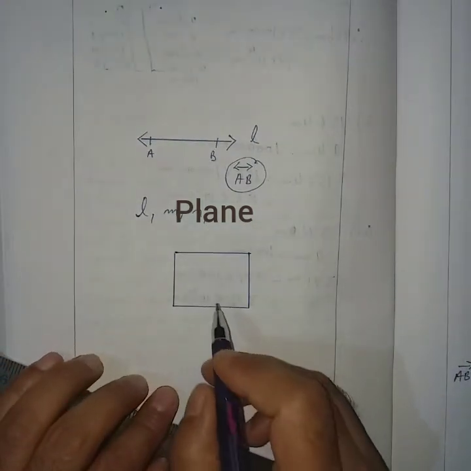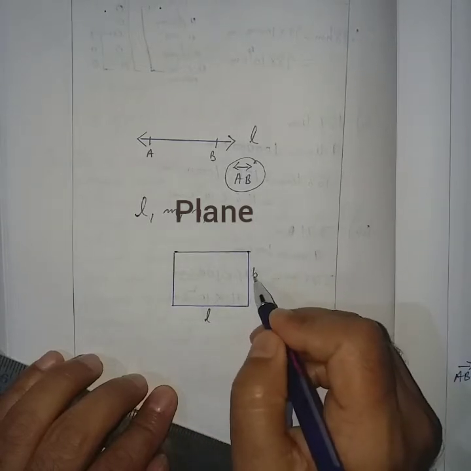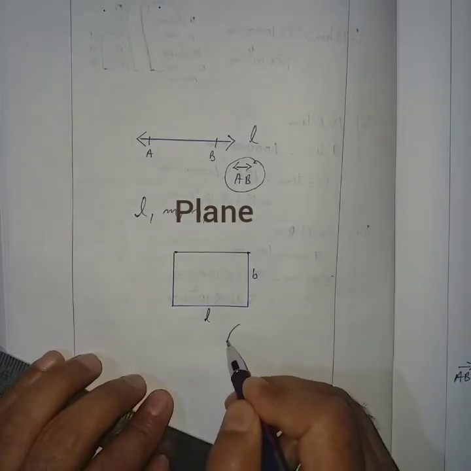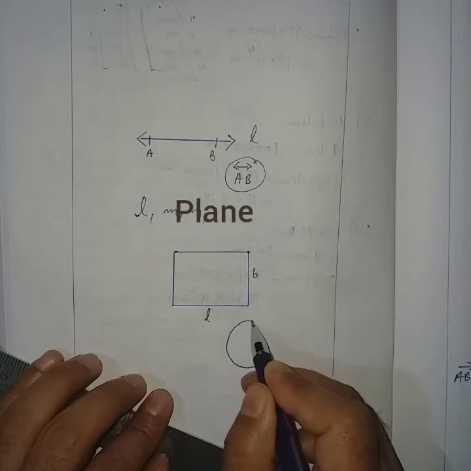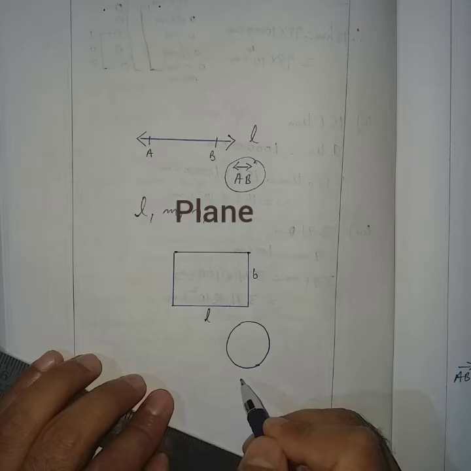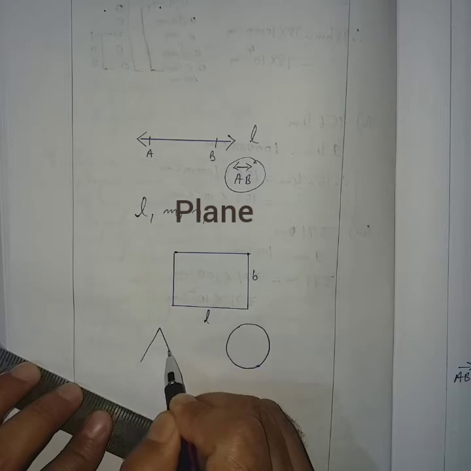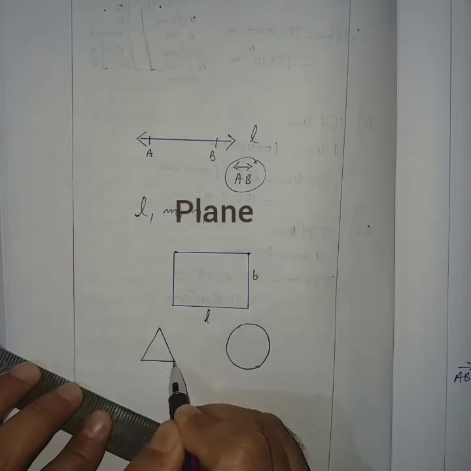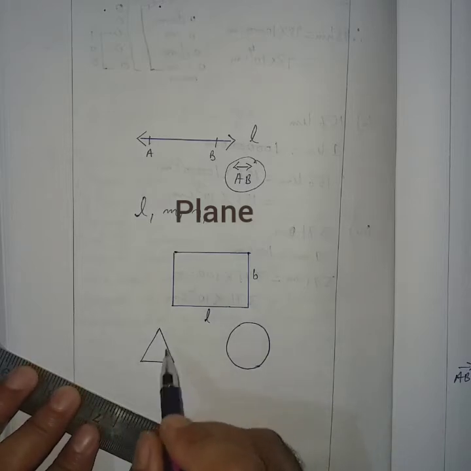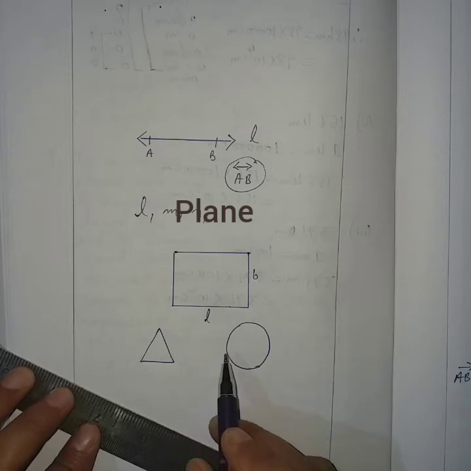Okay, so it has length and it has breadth, but no height or thickness. And a circle, this is also a plane figure. It has no thickness. Triangle, this is also a plane figure. We can draw this figure on this plane. Okay, on this plane means on this paper. So paper is also a plane. Okay, so in this manner we should understand plane.